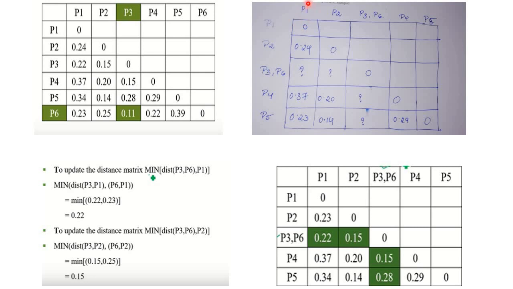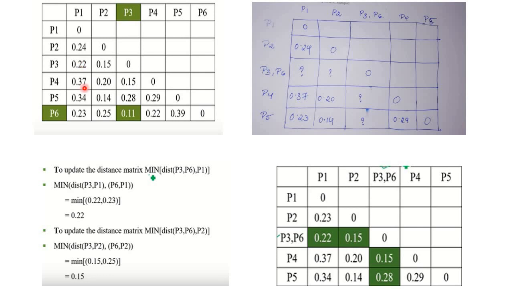Now if I see P1 to P3, P6, what is the distance from P1 to P3? P1 to P3 is 0.22. And then I have P1 to P6, which is 0.23.